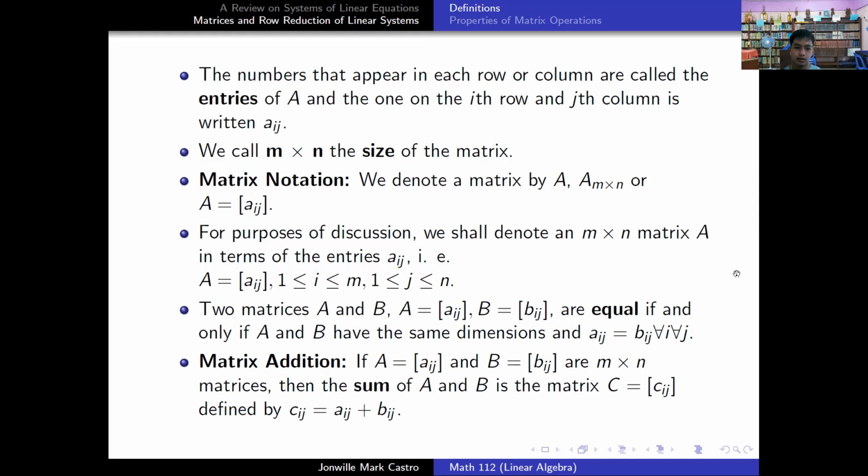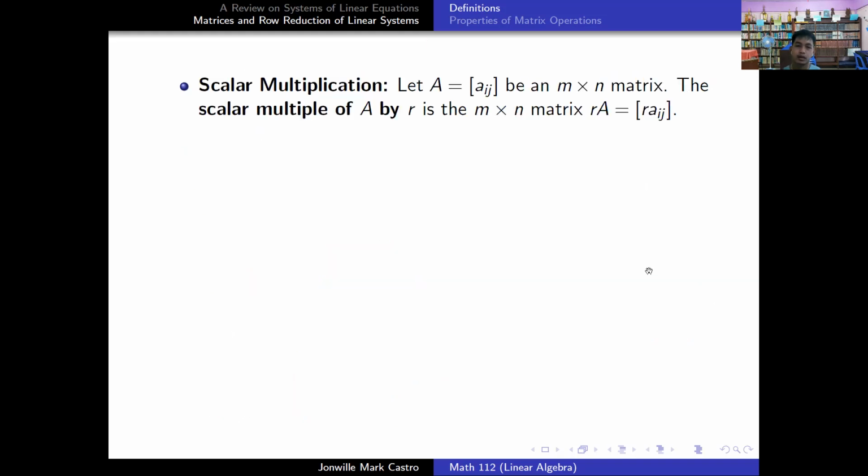Okay. Matrix addition. Pwede tayong mag-add ng dalawang magka-size na matrix and yung sum nila ay yung sum lang nung corresponding entries nila. Also, pwede tayong mag-multiply ng isang scalar sa isang matrix, and yung effect niya is lahat ng entries ng matrix ay mamumultiply by that scalar.